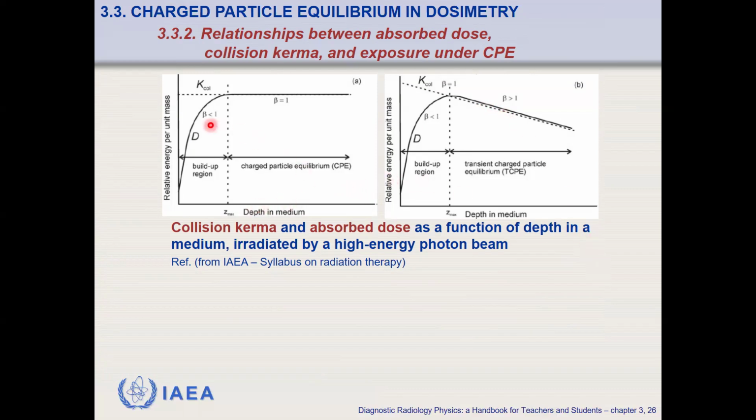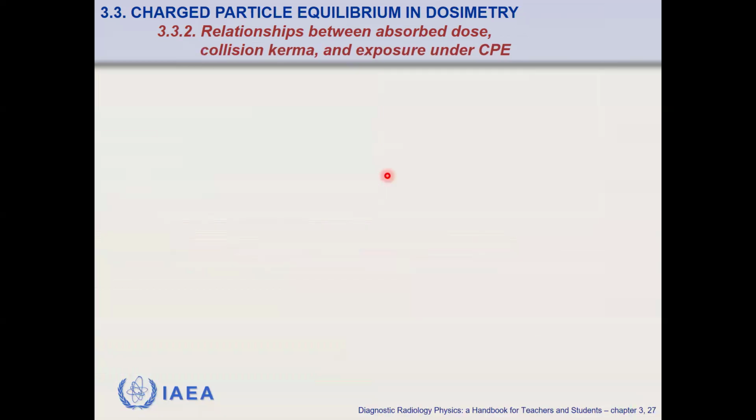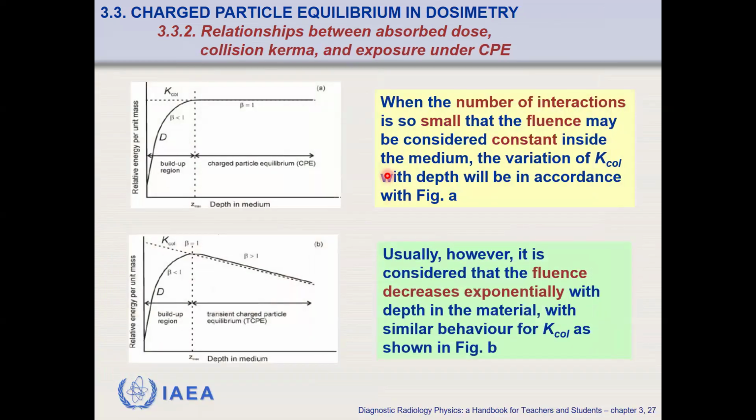So the collision kerma and absorbed dose as a function of depth in a medium, we can see in these two figures. Now in this scenario, K collision increases in the build-up region as the number of secondary charged particles grows, reaching a maximum at a certain depth where CPE is achieved.